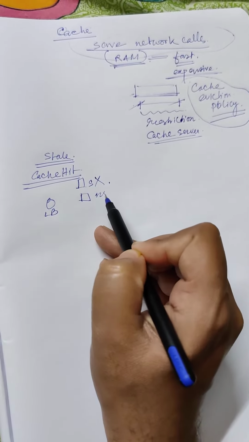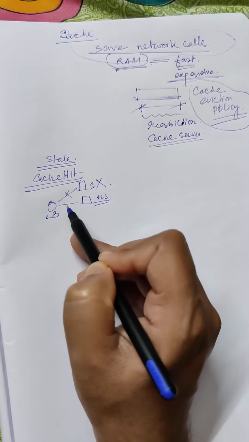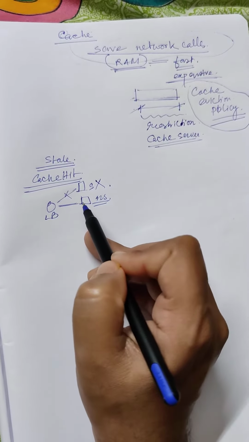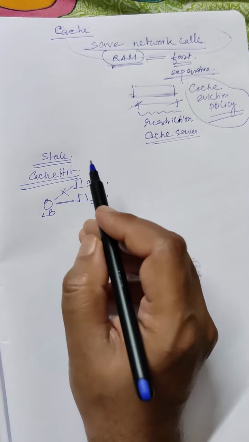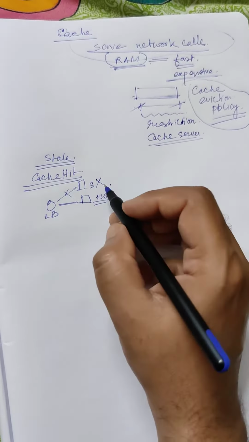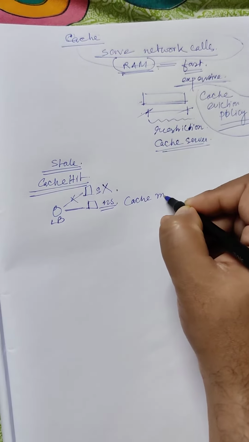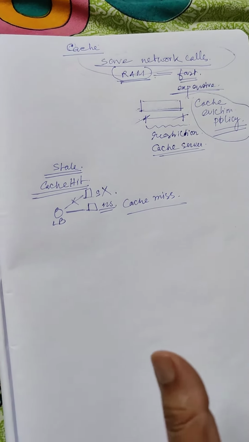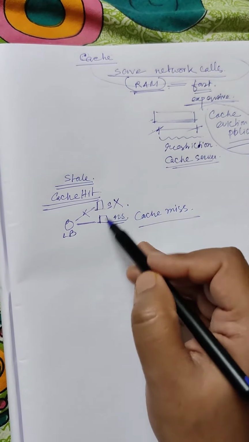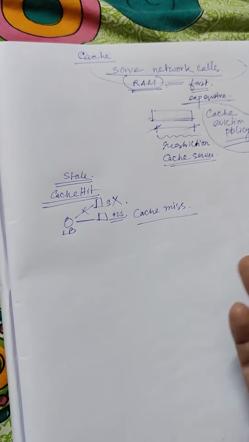Suppose this is our new server, and the load balancer forwards the request to it. Now the result is a cache miss, because it won't find that data in this server. We are talking about server-level caching, and that is exactly what is going to happen.